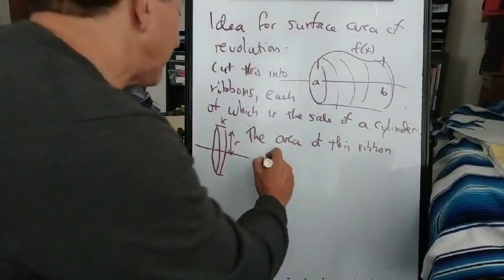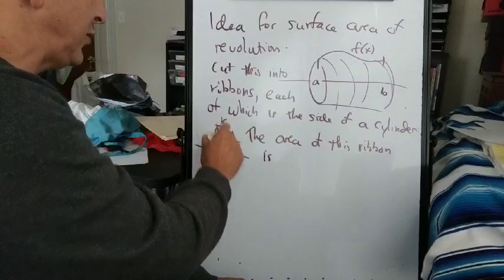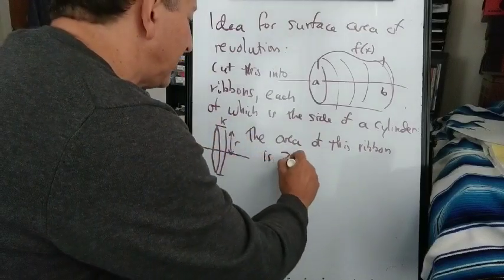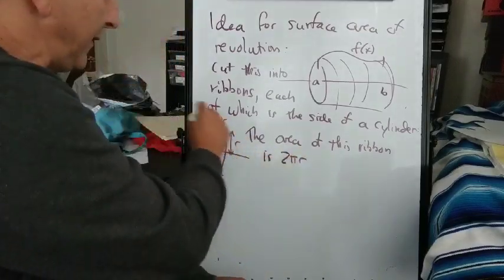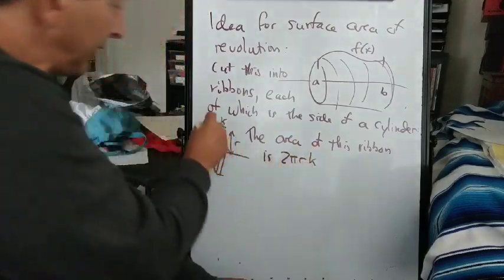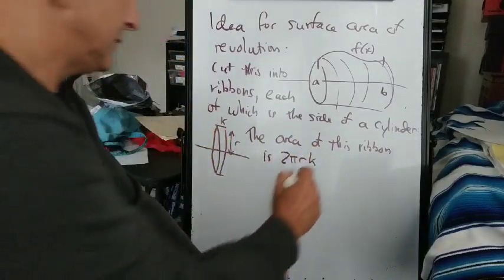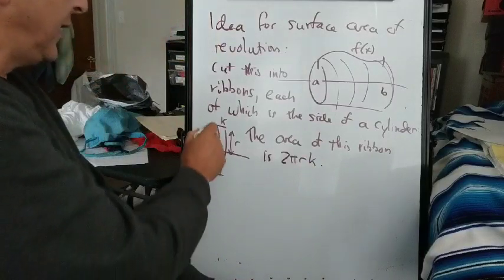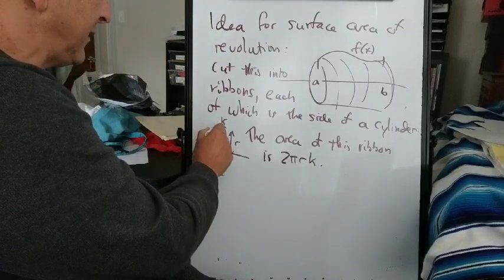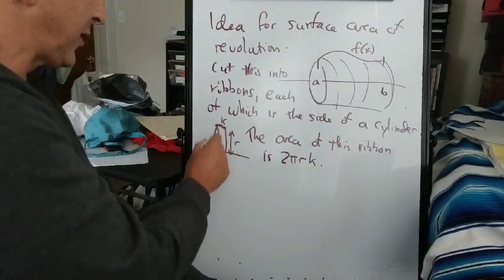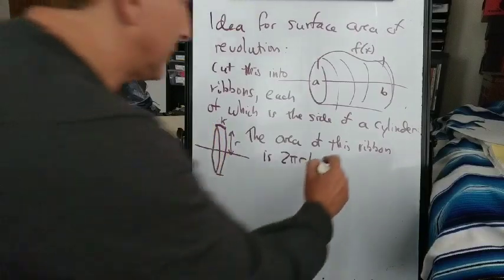So the area of this ribbon is 2 pi r will give us a circle, and then k is going to give us this length here. Now this is going to be part of a curve, so we'll use arc length for k.